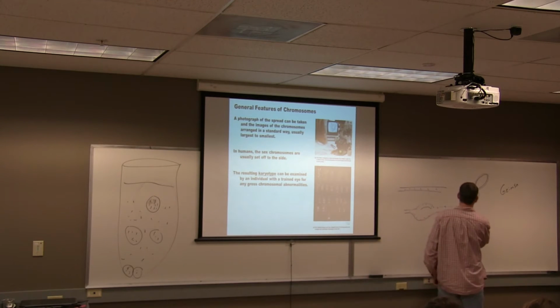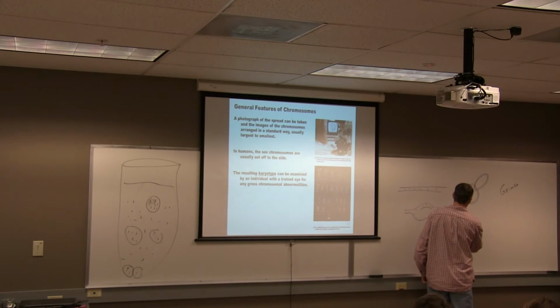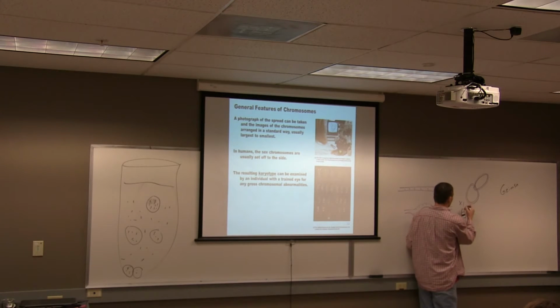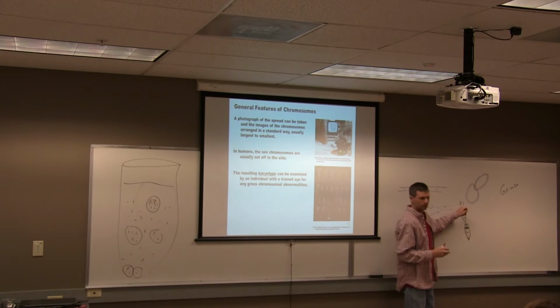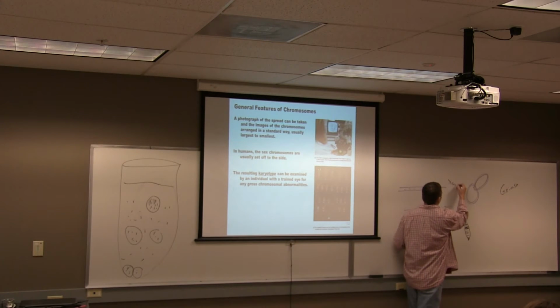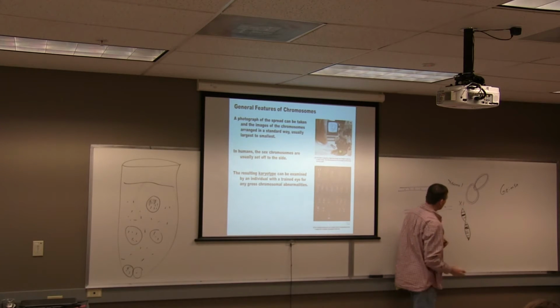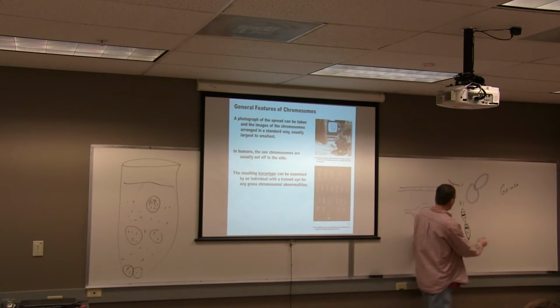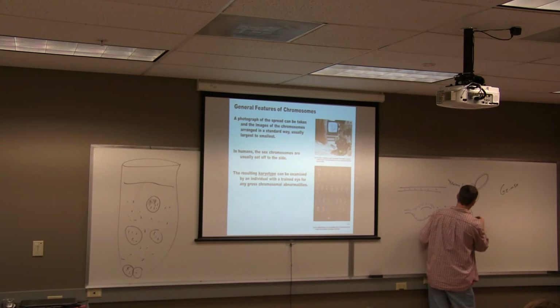So what you wind up with are these bands, like this. So if this is chromosome number 1, if this is chromosome 1 from mom, if you took chromosome 1 from dad and laid it out next to it, the banding pattern would be the same.